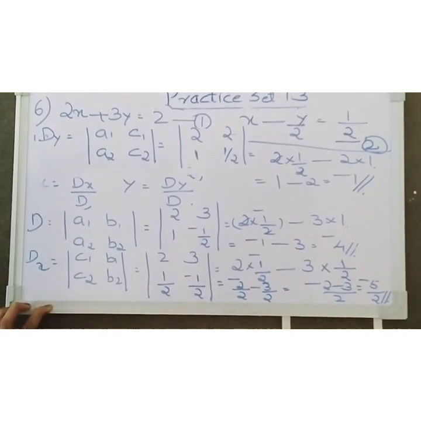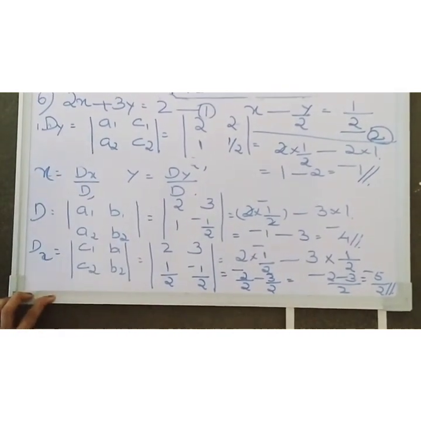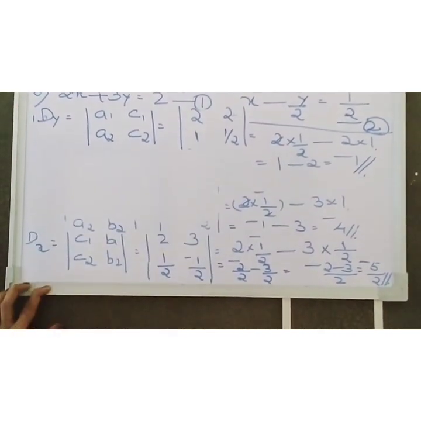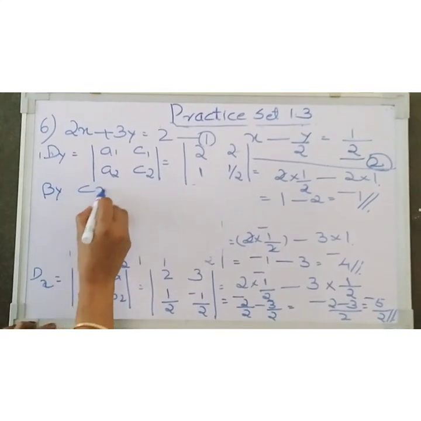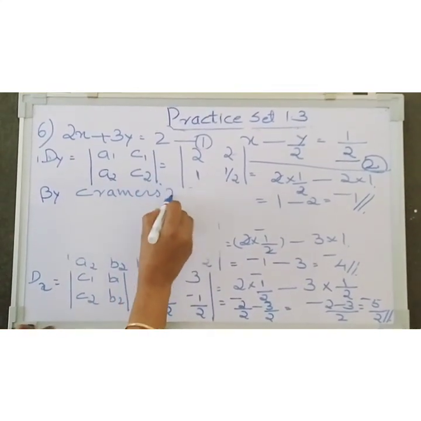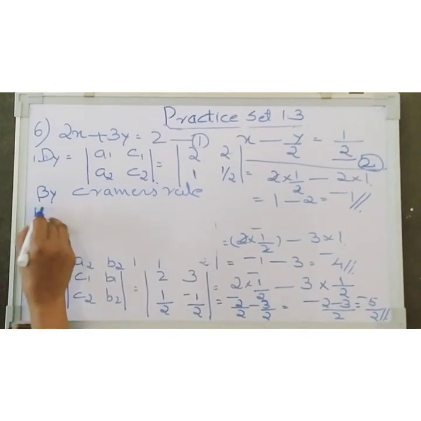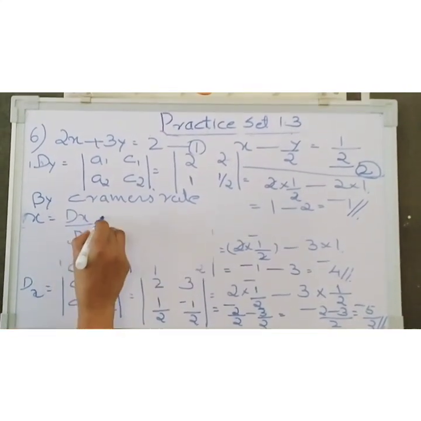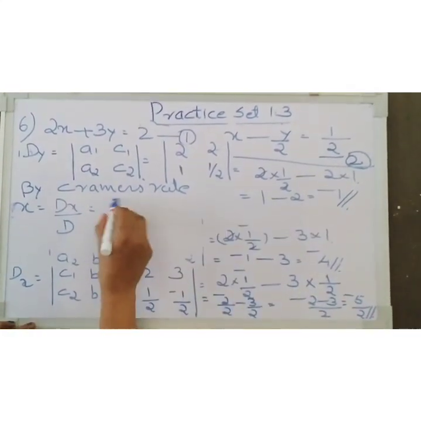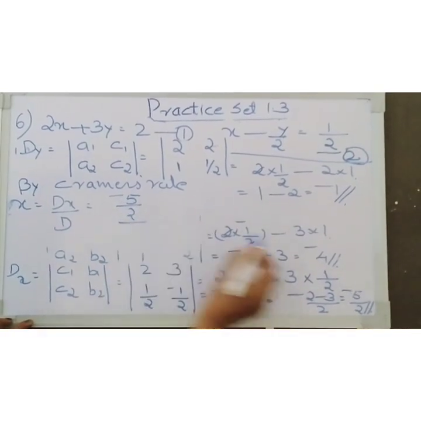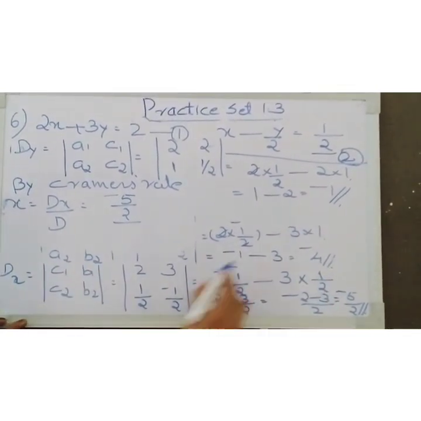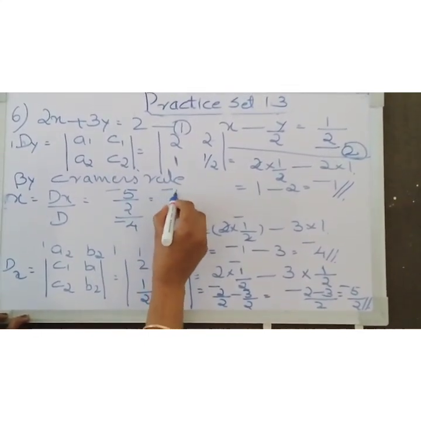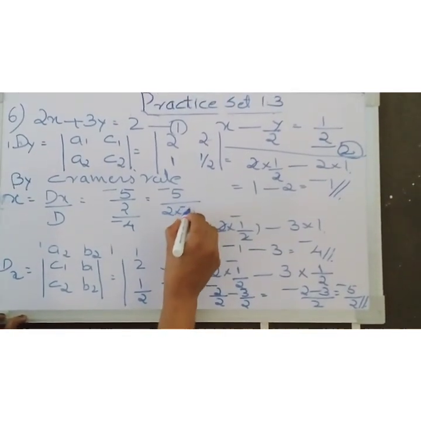By Cramer's rule, x is equal to dx upon d, that is dx is equal to negative 5 upon 2, d equal to negative 4. Therefore write together, minus 5 upon 2 into negative 4.